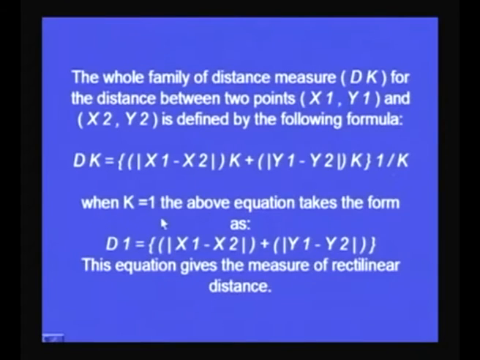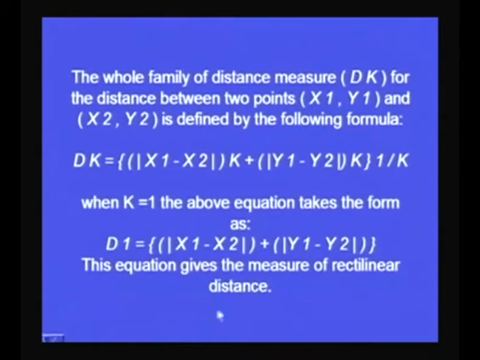So, when k is equal to 1, if we put it in this expression, k will be 1 here, k will be 1 here, as well as it will be 1 here. So, the final expression will become d1 is equal to |x1 minus x2| plus |y1 minus y2|, and this is going to give us the rectilinear distance.